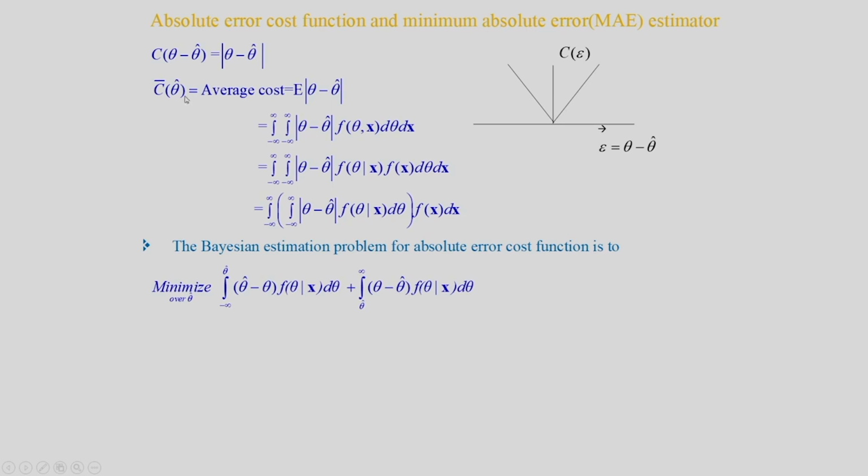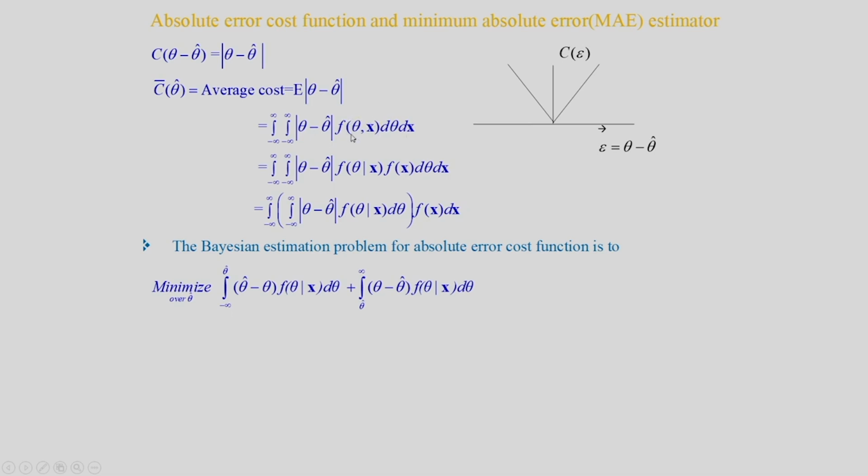So, the average cost C bar of theta hat, that is the Bayesian risk or average cost function, is equal to E of the absolute value of theta minus theta hat, that is the double integral from minus infinity to infinity, minus infinity to infinity, of mod of theta minus theta hat into f of theta comma x d theta dx.